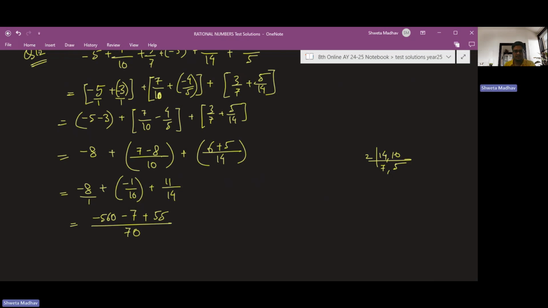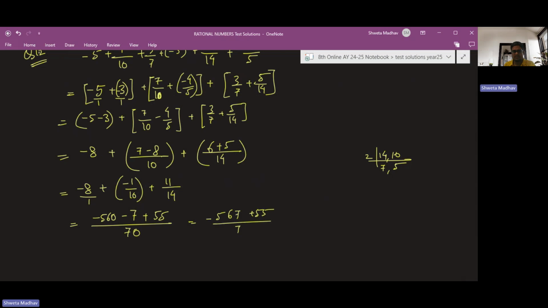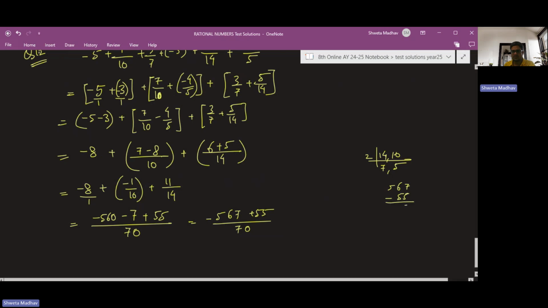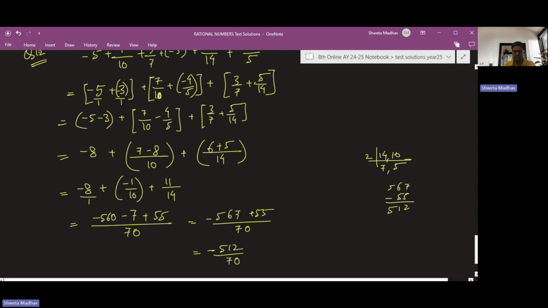So this will be equal to minus 567 plus 55 divided by 70. So 567 minus 55, if we subtract, this will be 512. So this is equal to minus 512 divided by 70.